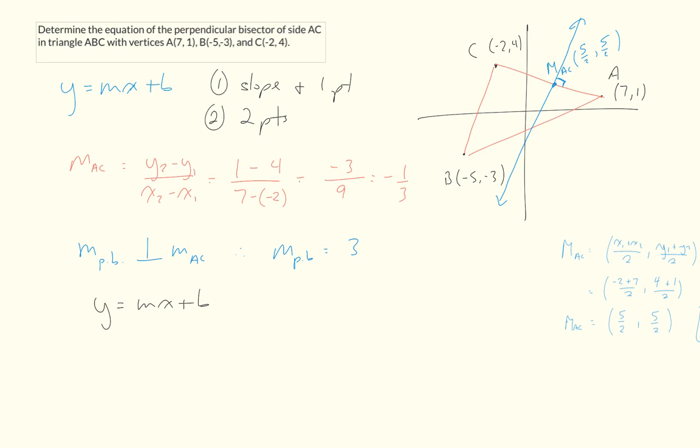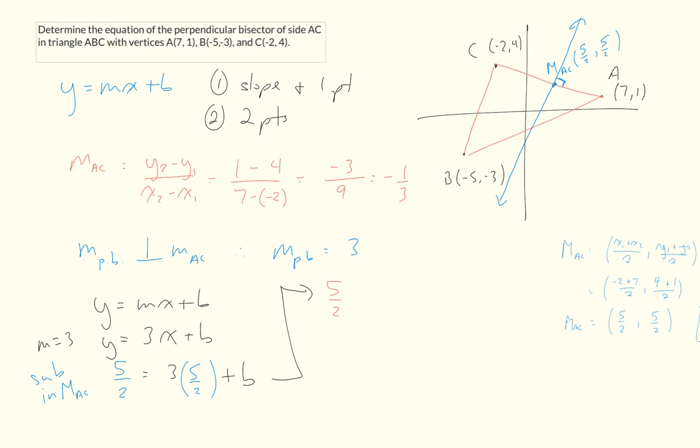Okay, y equals mx plus b. I'm going to sub in that m equals 3, and y equals 3x plus b. I need a point. Hey, I've got a point. I'm going to sub in that midpoint of AC because I know that that's going to work. And so 5 over 2 equals 3 times 5 over 2, the x and y happen to be the same, plus b, and some calculating here.